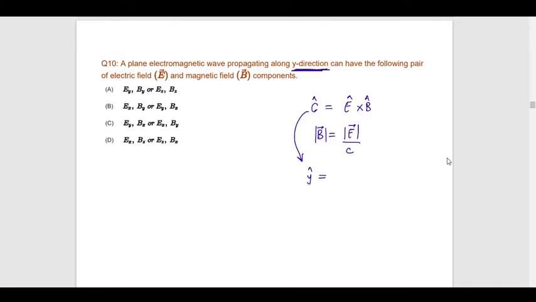So the direction of E and B should be either in this manner or in this manner. So the electric and magnetic field pair must be along x and z. So option D seems to be the correct answer for this question.